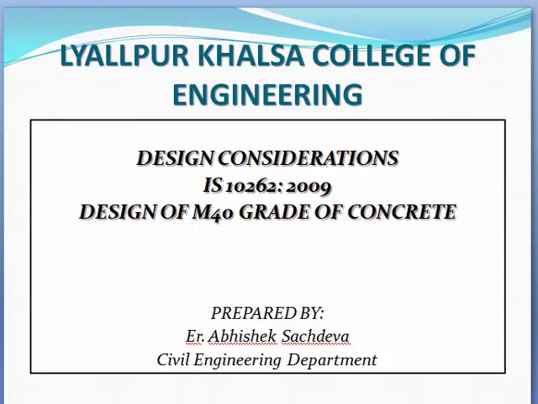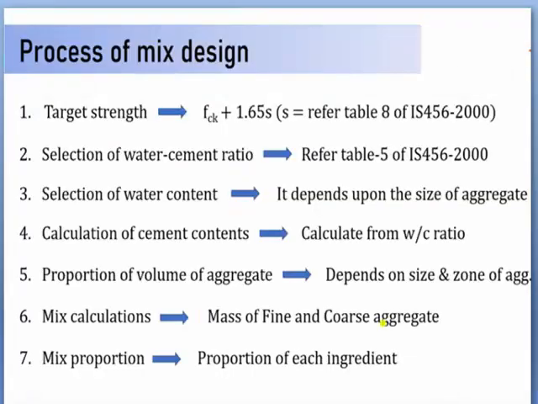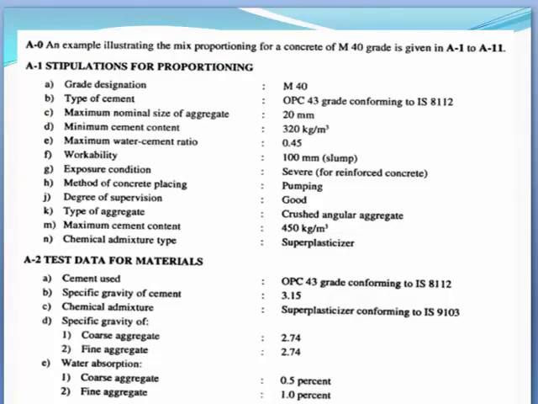and the design procedure. So you can see this was the process, and this was the question, the problem, the data which is given to us. Before starting the M40 grade of concrete, you have to go through this A1 and A2, right?